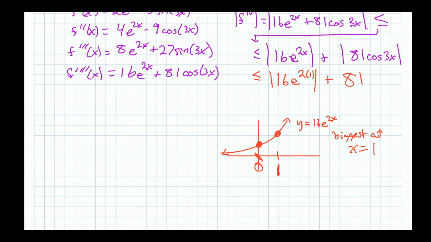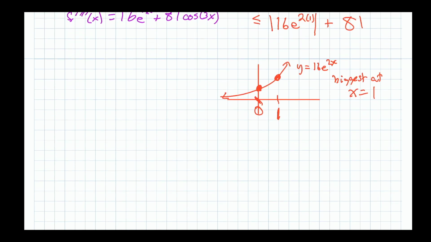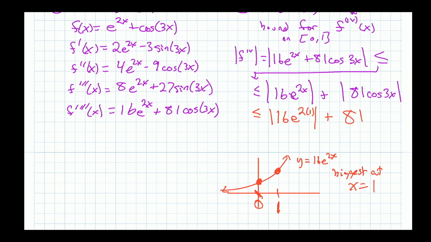Remember what we said, cosine in absolute value has to be between 0 and 1. So the biggest it could be is 1, and then times the 81. So we get 16e squared plus 81. That's what we get.